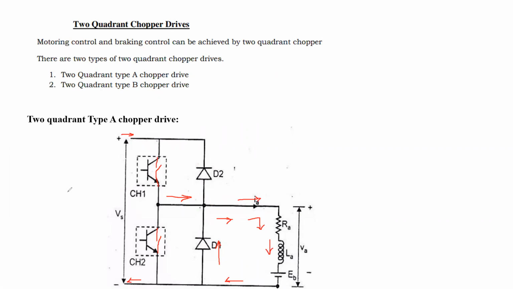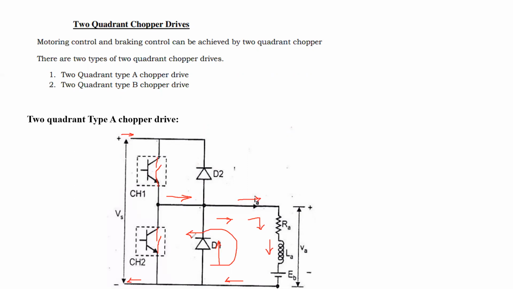And whenever chopper 2 is operated, what about the current? Is it positive or negative? Check it once. With respect to back EMF only, you are going to turn on your chopper. That means the current is taking a path like this, so the current is leaving the motor. You will get negative current.